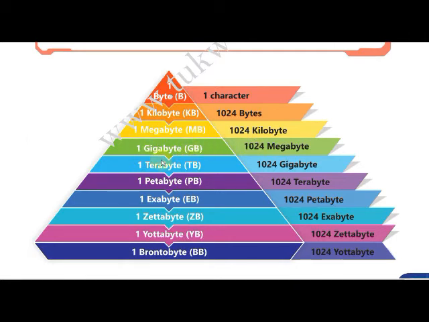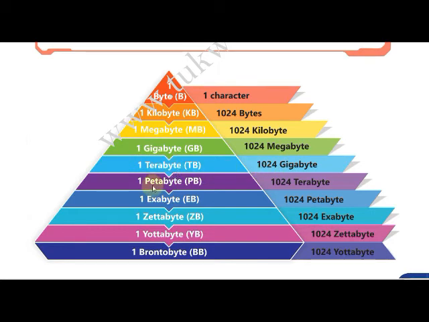Then after gigabyte, what is next to measure computer memory? That is 1 TB, which stands for 1 terabyte. If 1024 megabytes is equal to 1 gigabyte, then 1024 gigabytes is equal to 1 terabyte.